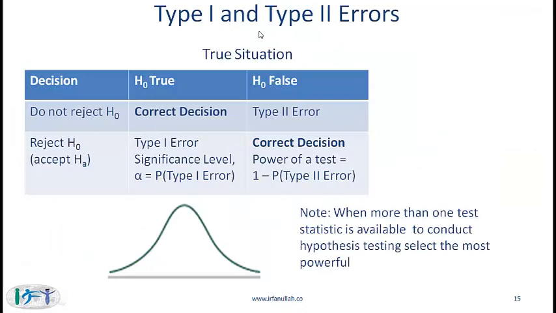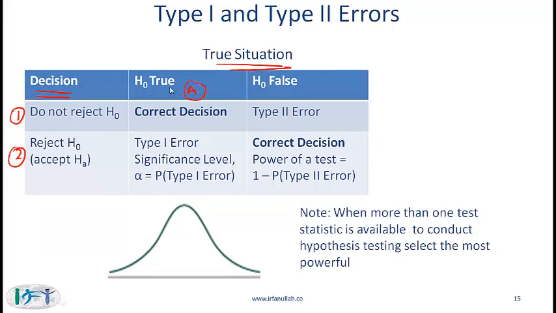Next, we talk about type 1 and type 2 errors. When you do hypothesis testing, there are two possible decisions you can make. Either you do not reject the null hypothesis or you reject the null hypothesis. In terms of the true situation, again, there are two possible true situations.